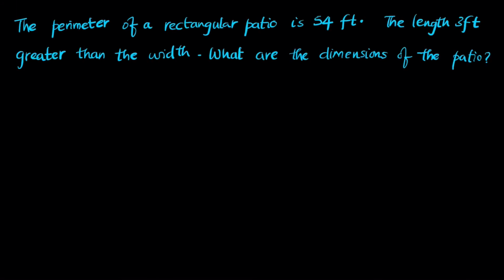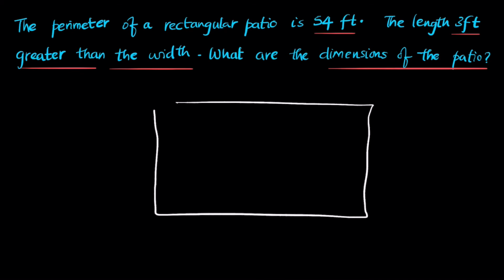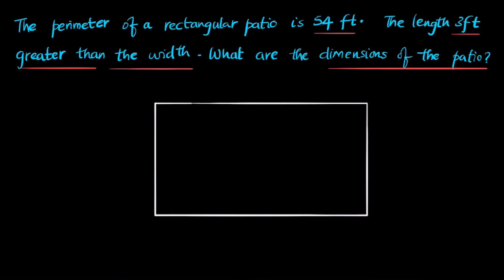So let's try a problem where we will have to use a formula. Here the perimeter of a rectangular patio is 54 feet. The length is 3 feet greater than the width, right? They are asking what the dimensions of the patio are. Let's consider a rectangle. What they are saying is that the length is 3 feet greater than the width.